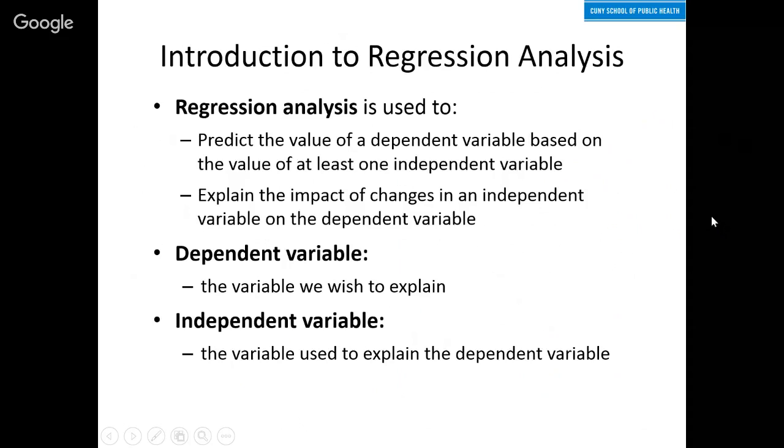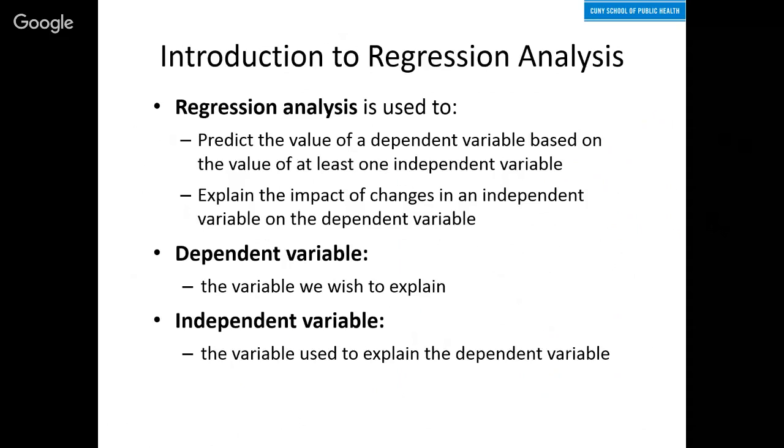Both of these are valid and important goals under different circumstances. The dominant motivation in epidemiology tends to be the second one, inference, and trying to explain the impact of changes of an exposure on a health outcome, rather than actually predicting what the health outcome is.